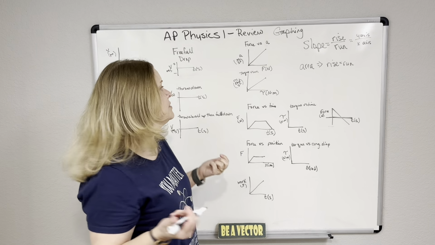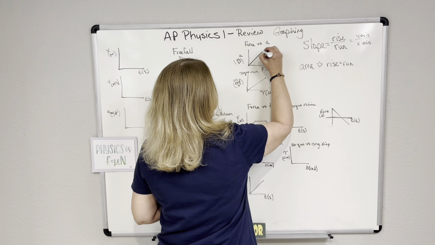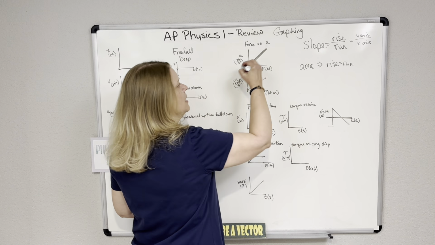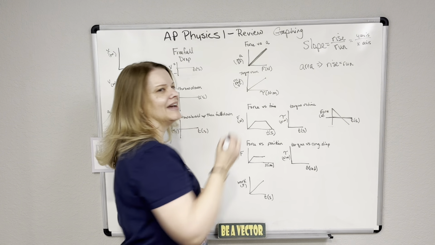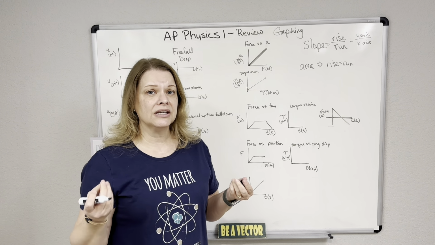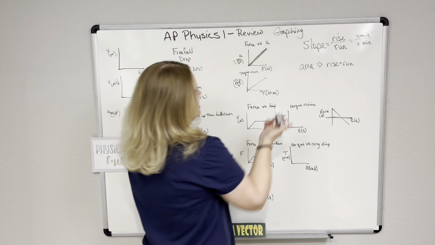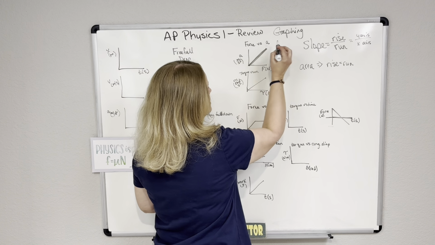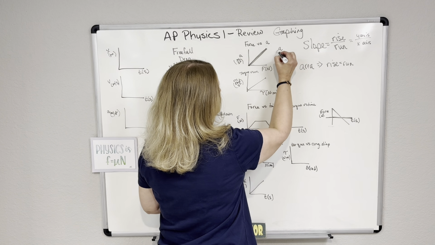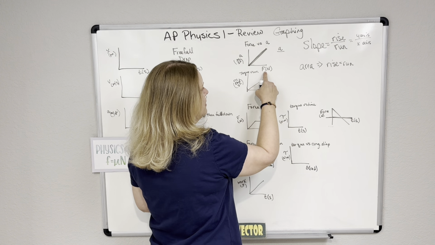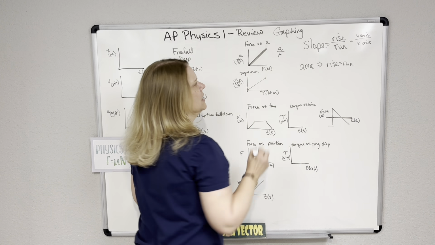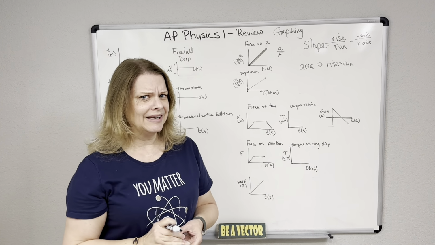Again, we're trying to figure out what the slope is equal to. That straight diagonal line is an indication that the slope is constant, but what is it? Well, rise is acceleration, so I'm going to put acceleration on my rise, divided by my run, which is force. And you're like, what does that equal?